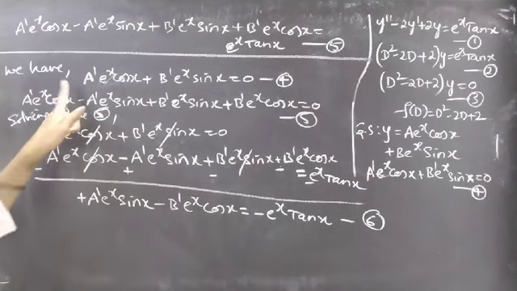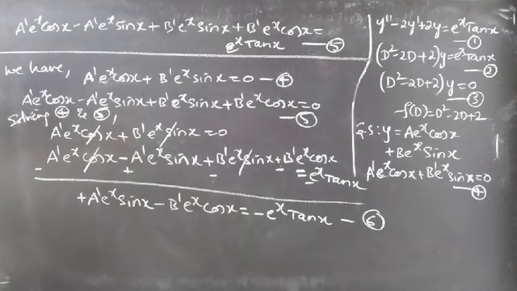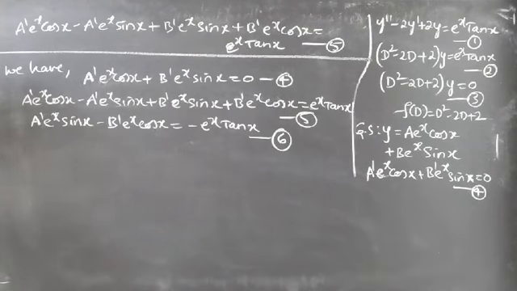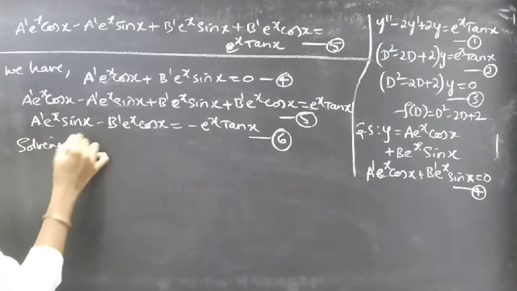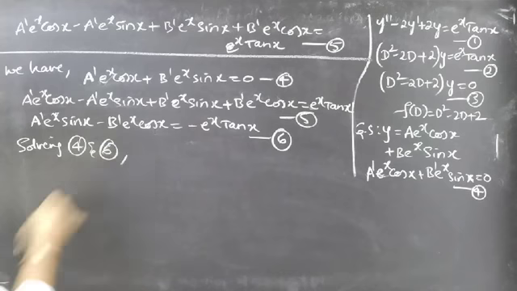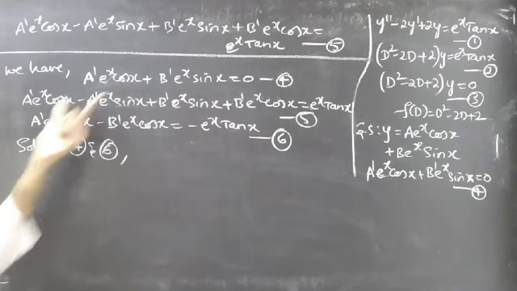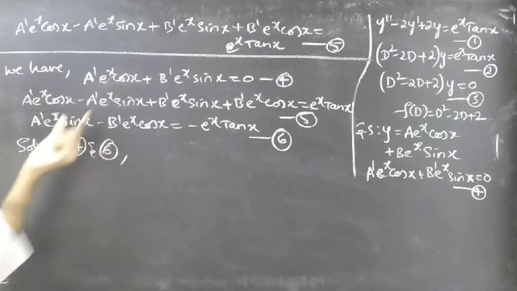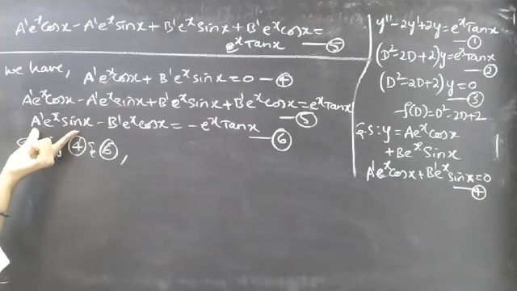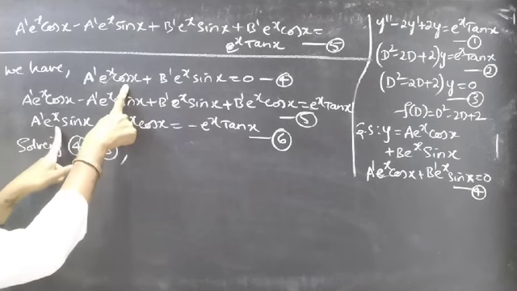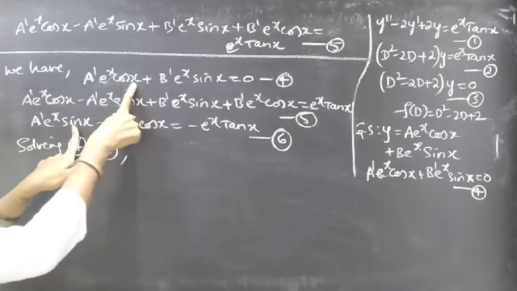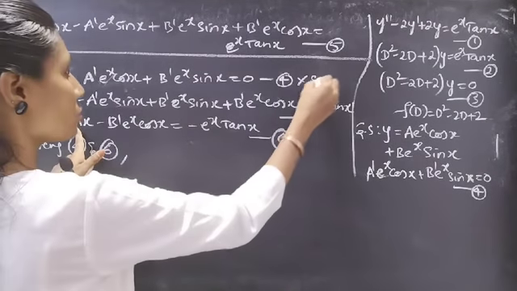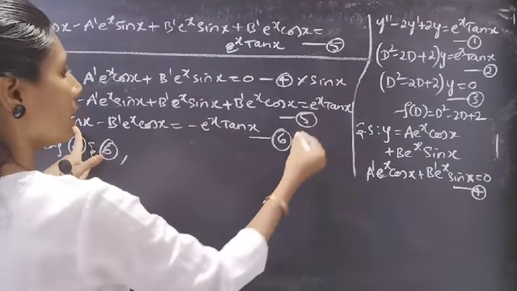Again, let's solve 4 and 6. Just observe the first term of the fourth equation and the first term of the sixth equation. In order to solve these two equations, we need a sin x here and a cos x here, right? So let's multiply equation 4 by sin x and equation 6 by cos x.